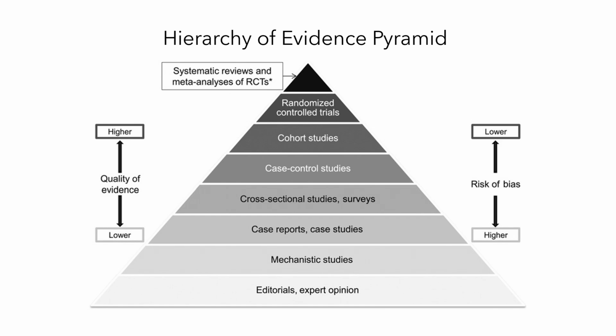Accordingly, there is a hierarchy of evidence pyramid that sorts different study designs according to the quality of evidence derived from them. Based on the risk of bias, the order puts cohort studies at the top of observational studies, while randomized controlled trials come at the very top of the entire pyramid.